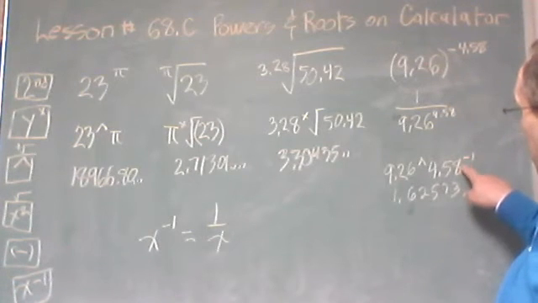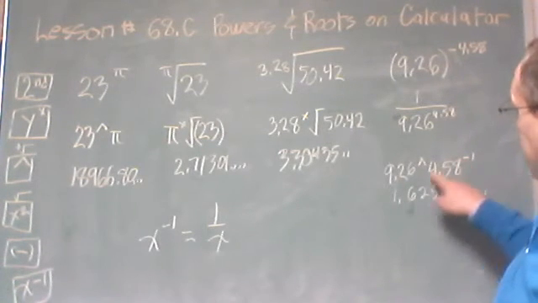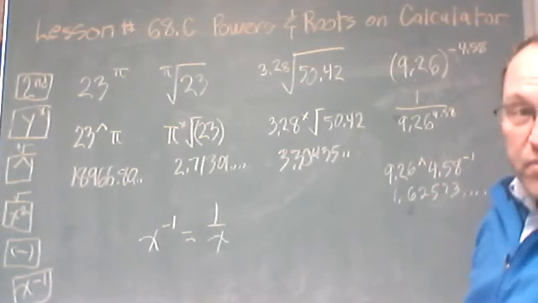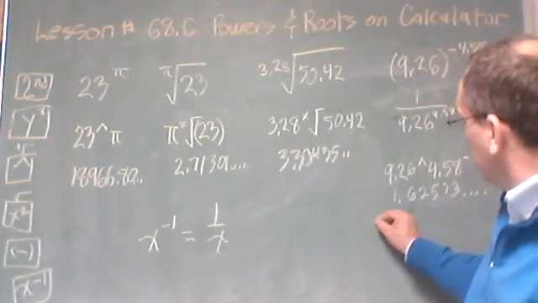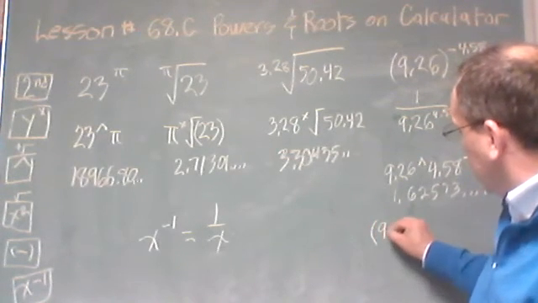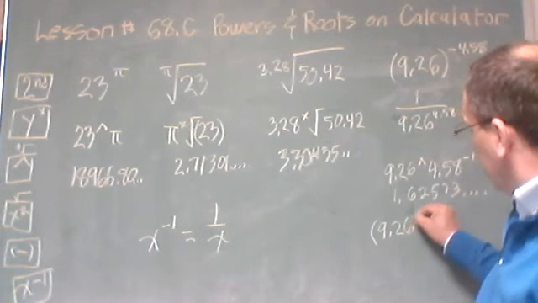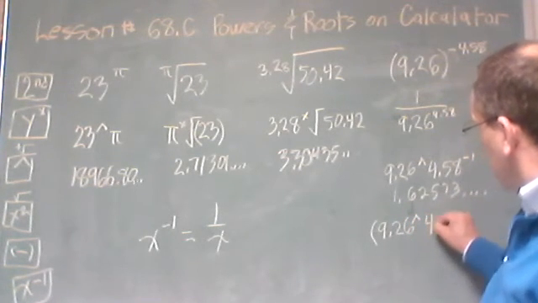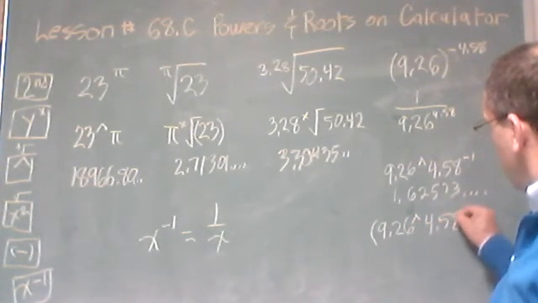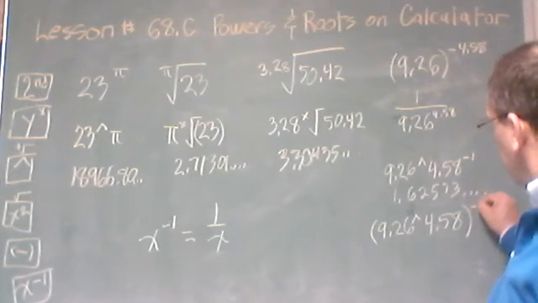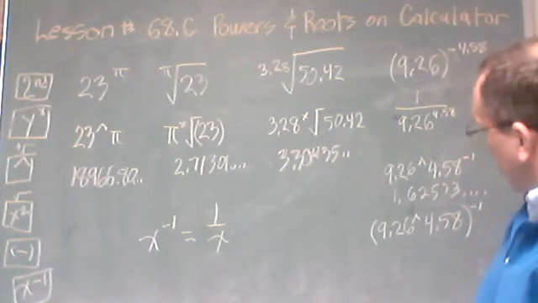Okay, what I did here is I need to do the reciprocal of that whole number. So I got to put that number in brackets, like so, and then take the reciprocal. Let's try that.